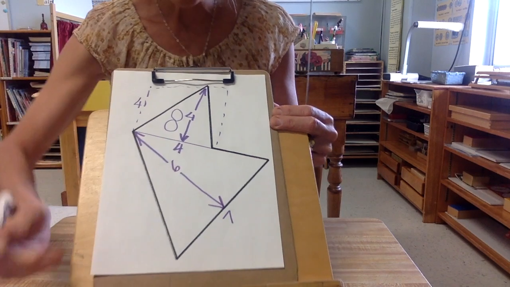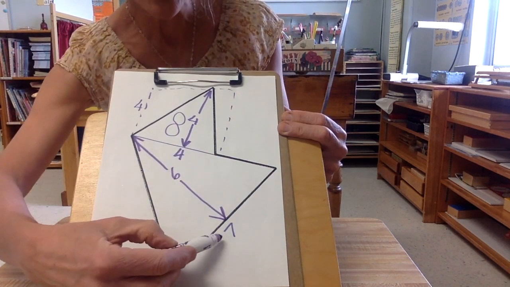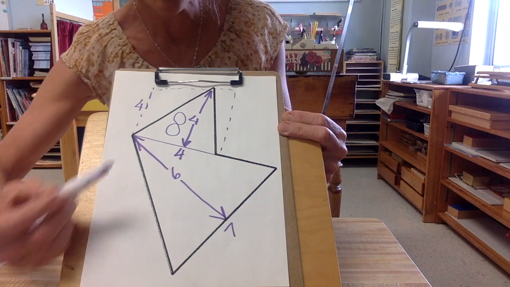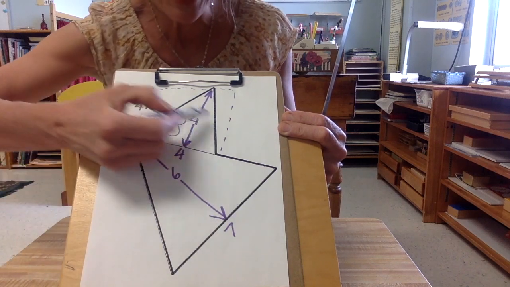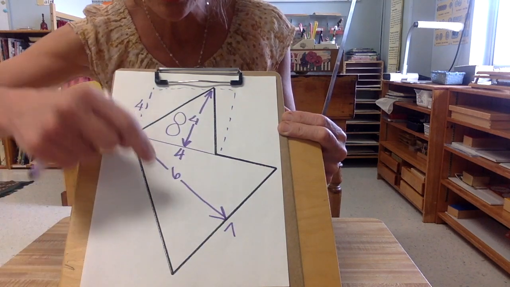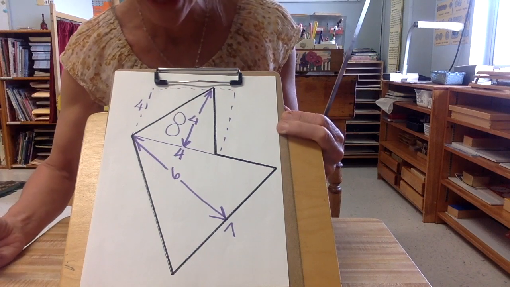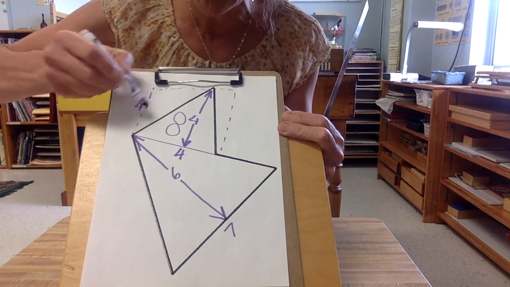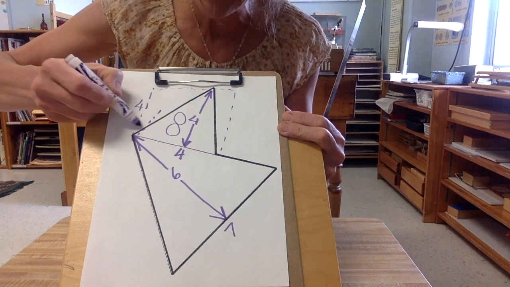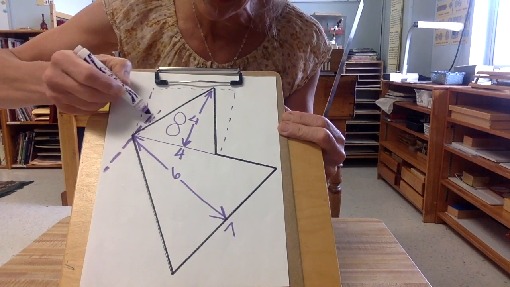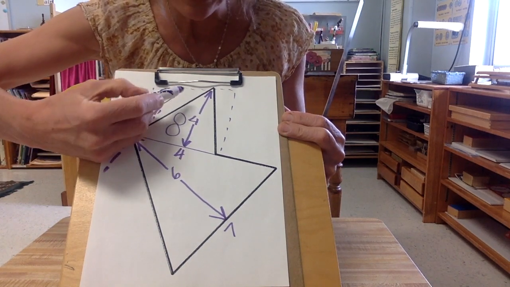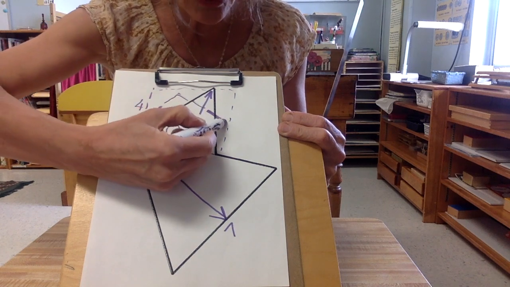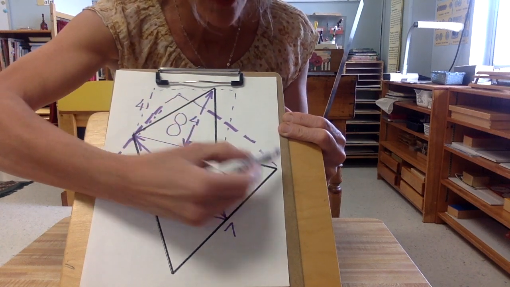Okay. So now we have our length and our width of an imaginary rectangle that this triangle is sitting inside of. And the imaginary rectangle would be something like this. You don't have to draw it, I'm just showing you.